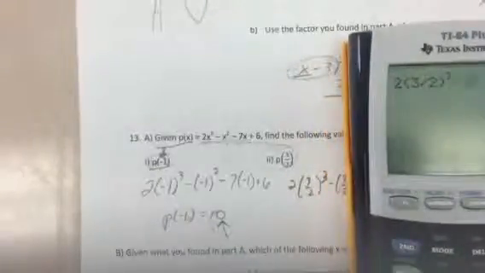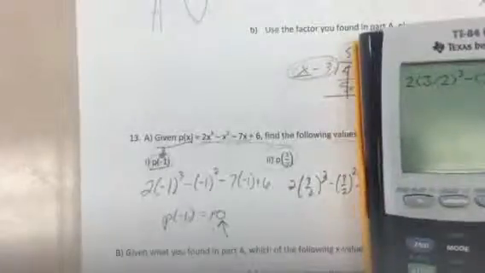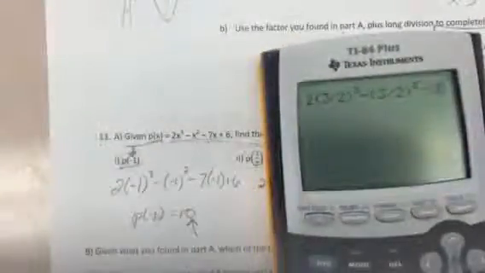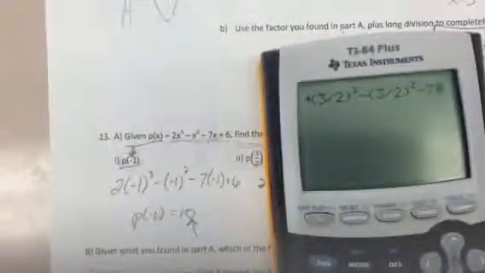If you know how to use parentheses to group things properly, you can enter fractions pretty easily. -7 times 3/2 and plus 6. Okay, so when I plug 3/2 in, p of 3/2 equals 0. So now I know this one is my 0, right? You're still left to do p of 5 by yourself, but now I know this one's my 0.